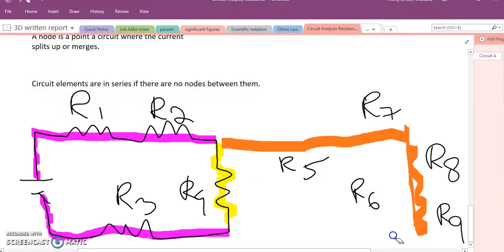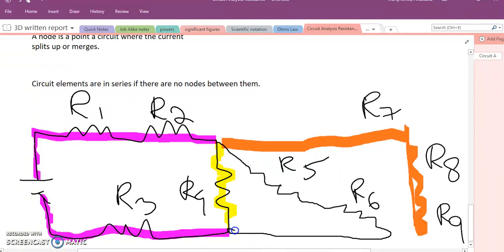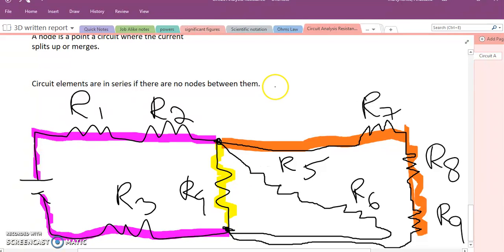I would erase this a little bit, and I would draw my branches. Here's my R5, here's my R6, and I can curve the wire all the way into this node. And here's my other branch, here's my node where it splits up, here's my R7, here's my R8, here's my R9, and I'm going to curve it around and go back into the node.